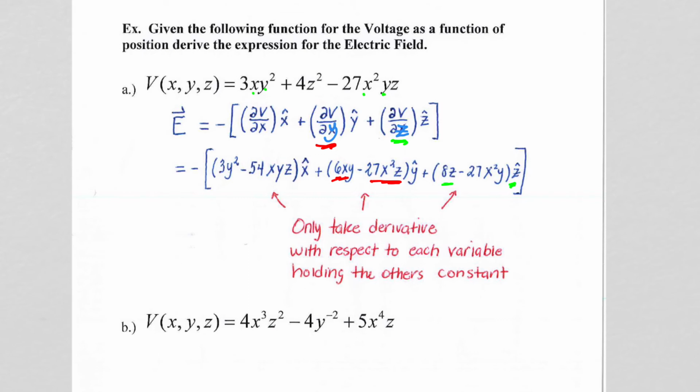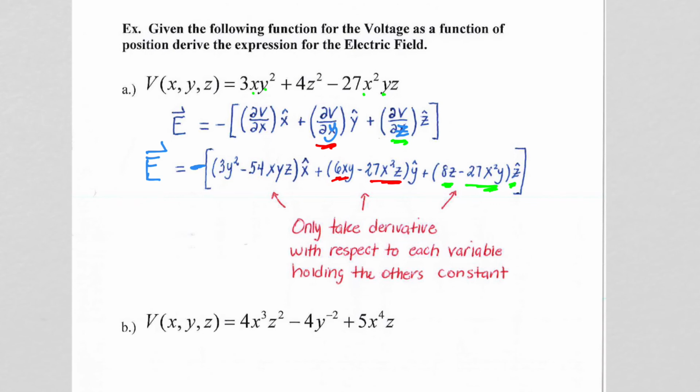We get 8z, and we take the derivative of negative 27 x squared yz with respect to z, so that gives us the negative 27 x squared y. We put the z hat in. We make sure we have our negative out front, and we are done. So that is it. We just leave that as our answer for the electric field.